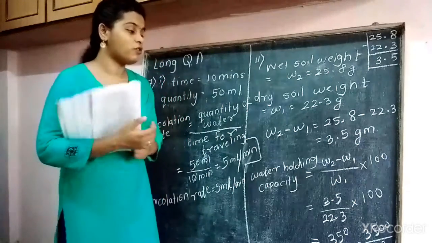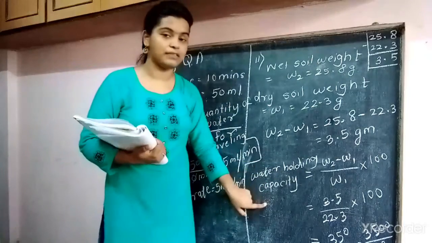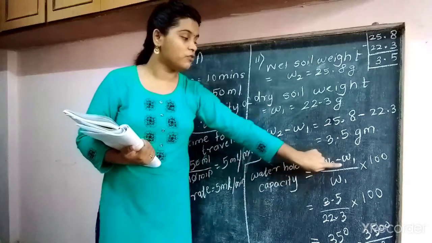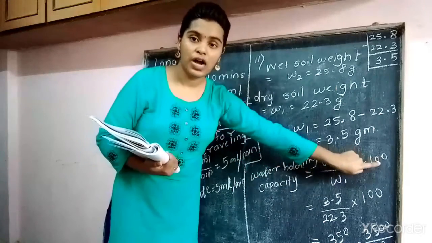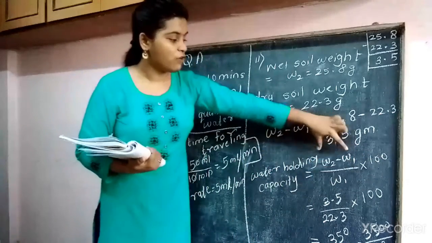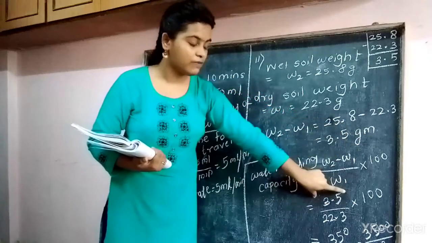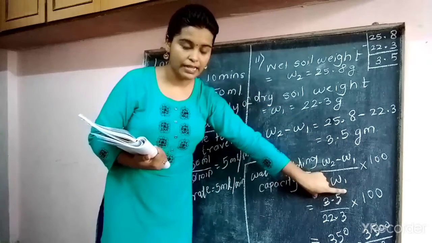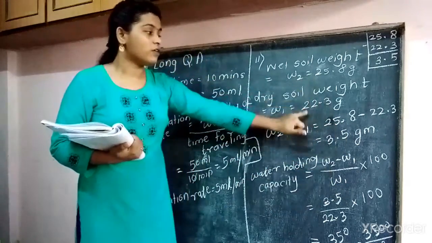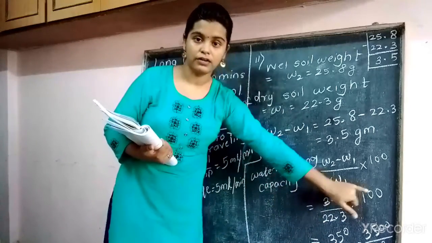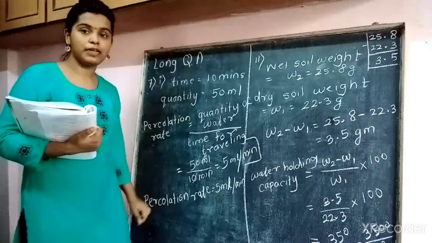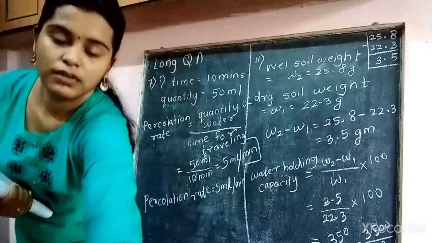But we want to find the holding capacity. For water holding capacity, the formula is W2 minus W1 upon W1 into 100. For W2 minus W1 we have directly the answer 3.5, and the W1 quantity is 22.3, into 100. I will write the remaining part here so you can see it easily.